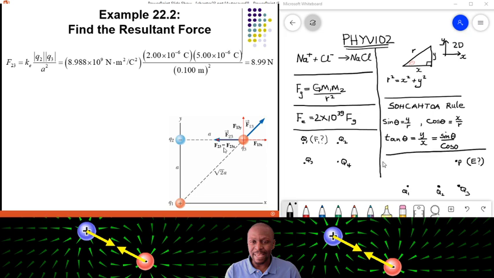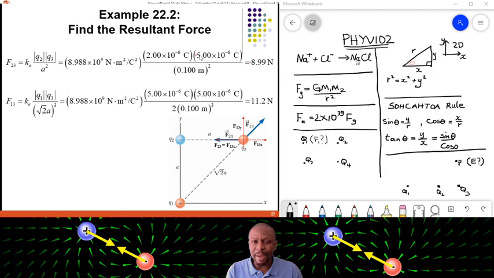Now let us also do F13. Before I do that, I must remind you that in the equation, the magnitude of this charge was minus 5.00 microcoulomb.